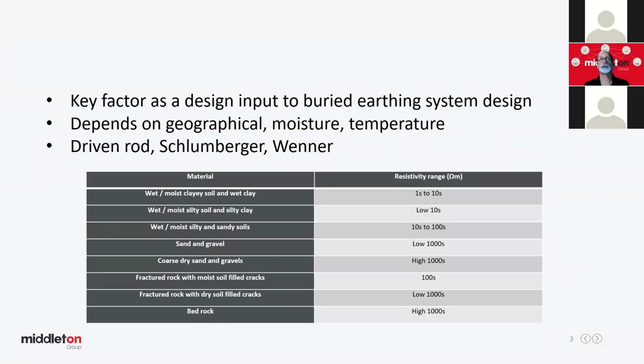Soil resistivity is a key factor for design input for earthing design. What can affect our soil resistivity? Well, it can depend on geographical components. Are we near the beach or the bay and we've got lots of sand in the soil?